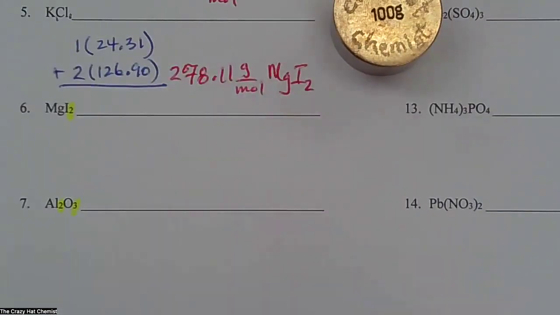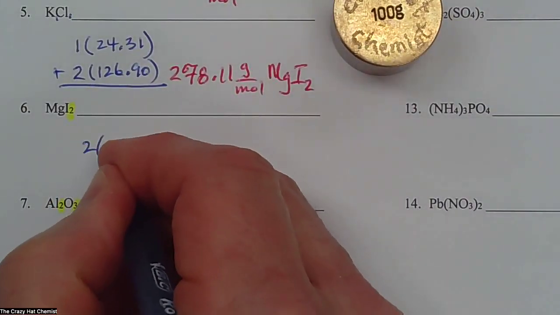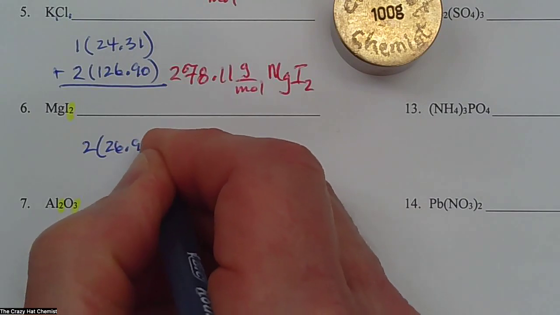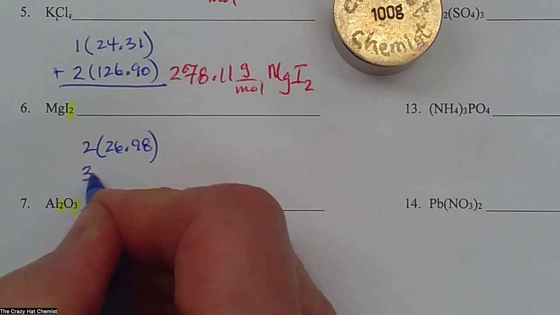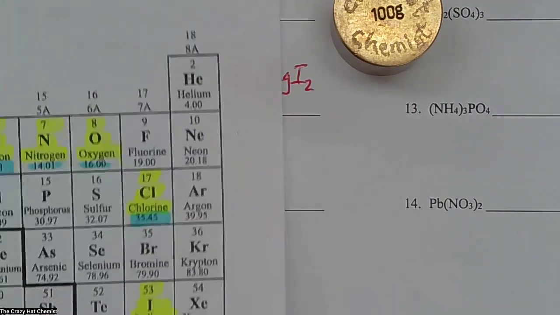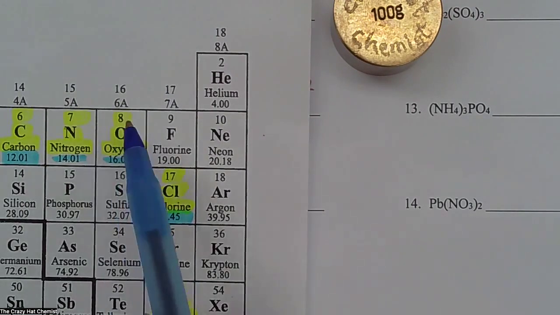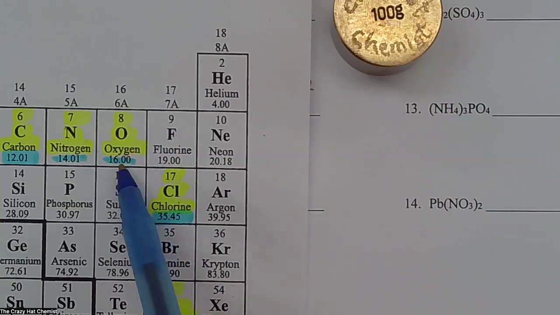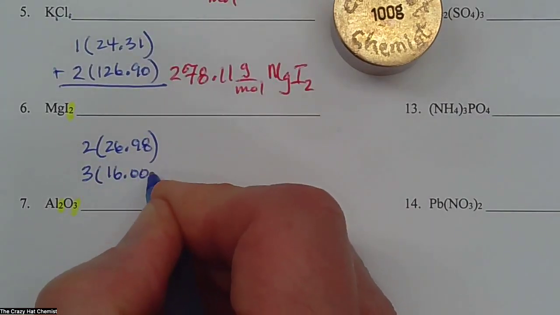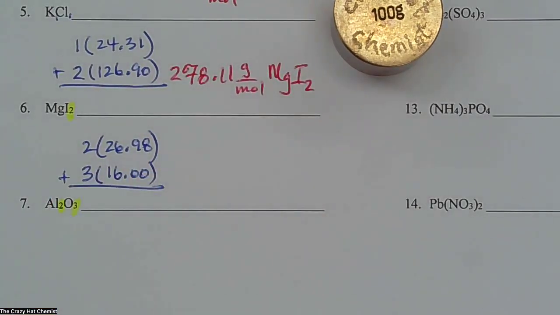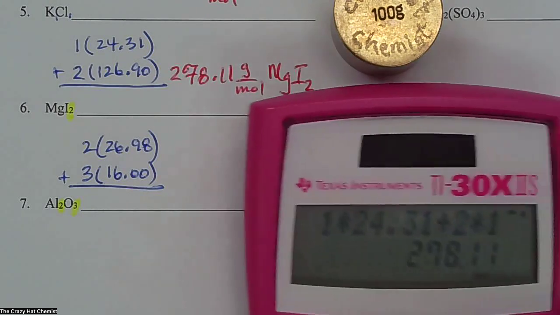So there are 2 aluminums at 26.98. And then 3 oxygens, and we have done oxygen before a couple of times. It's atomic number 8. That's O for oxygen, and it's 16.00 for its molar mass.